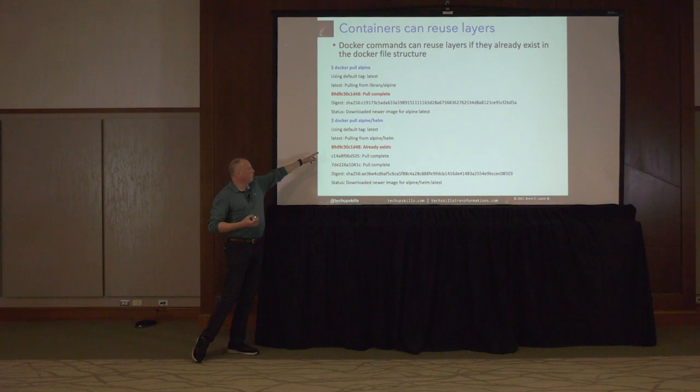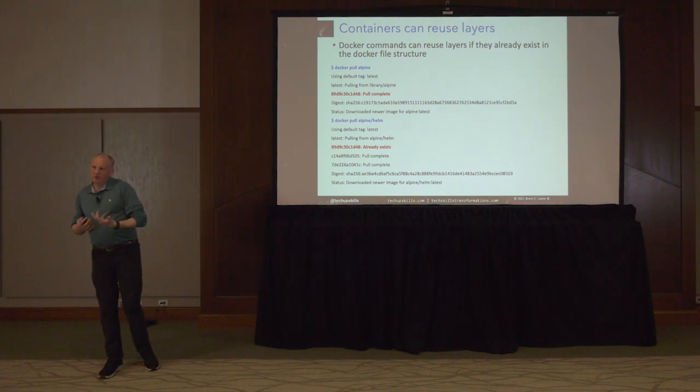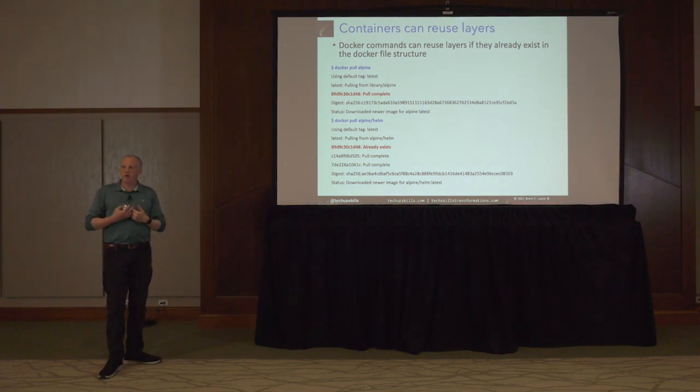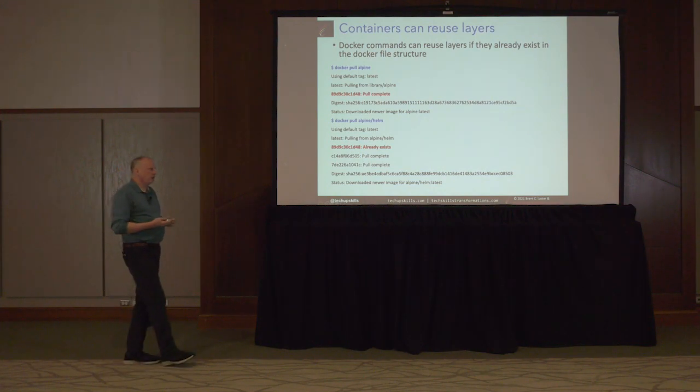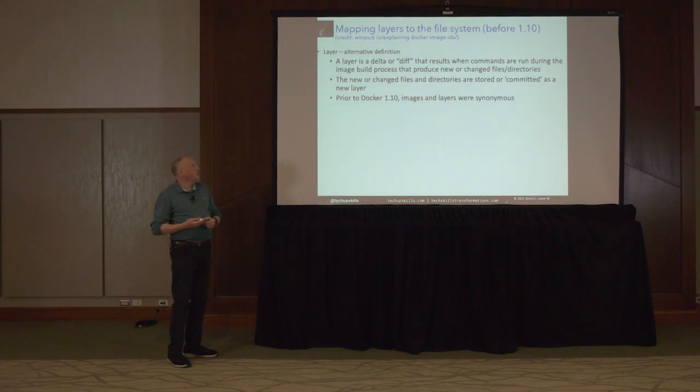So you may see things when you're pulling that already exist. We pulled it in the first case for that first image, but when we tried to pull a different image, we didn't have to pull all the layers. So we can reuse those layers that are stored on the operating system as a component of another container.